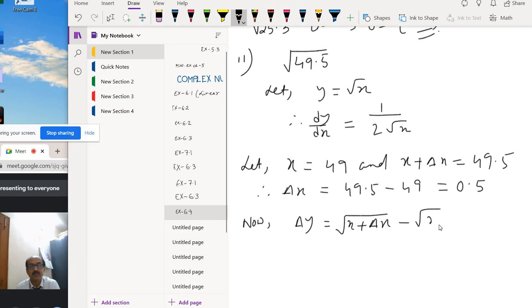This is the formula for delta y, the increment of y, and x plus delta x means the quantity 49.5 under root.